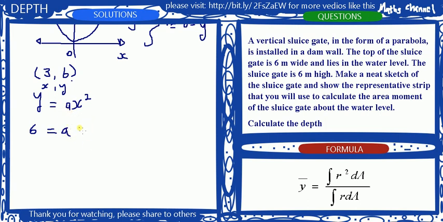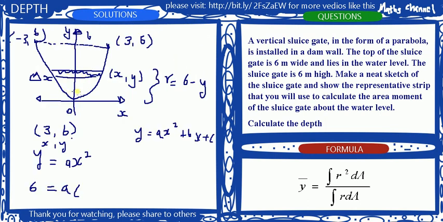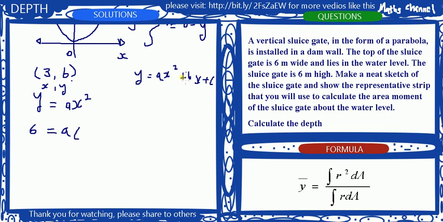So to find this coefficient, because of the parabola equation, which is like this, because this parabola is at the center, this side is eliminated, so we'll use this one.